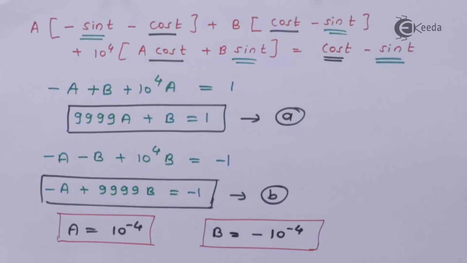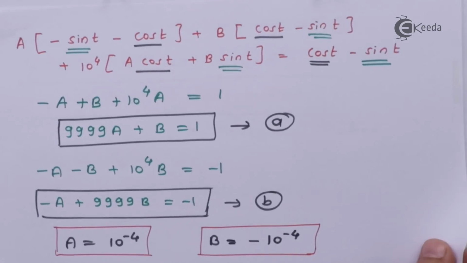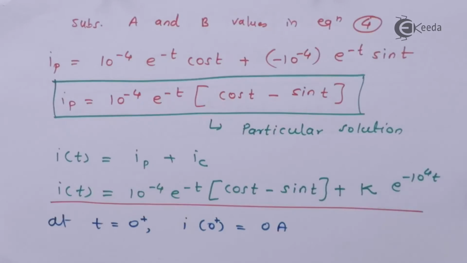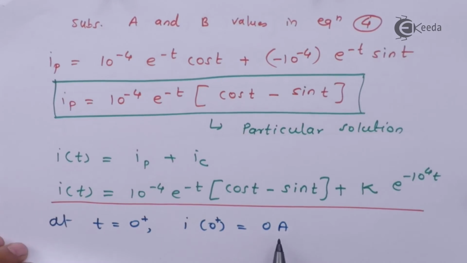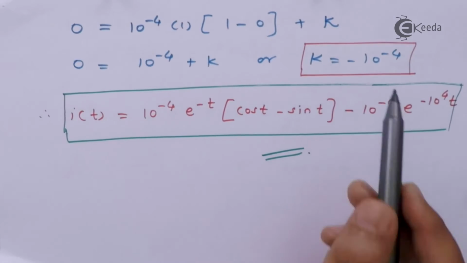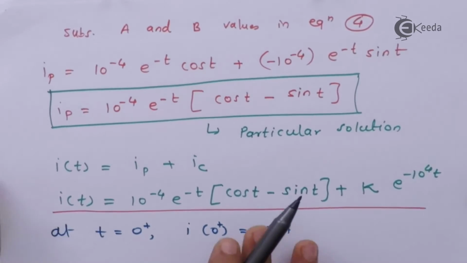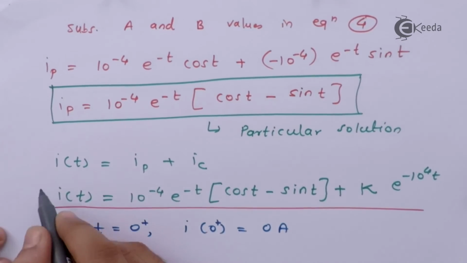So after solving for the constants a and b, obviously in this case also the constants will be the same, and this will be our particular solution, and the total solution will be this. So we will be copying this total solution as it is, because it is going to be the same. After this step, see here at t equal to 0 plus the current was 0, but our current is minus 1 ampere, so that we will substitute here. So this is the equation which we will take as it is.